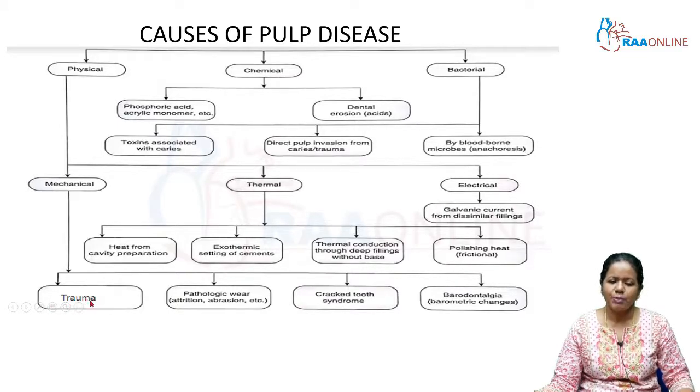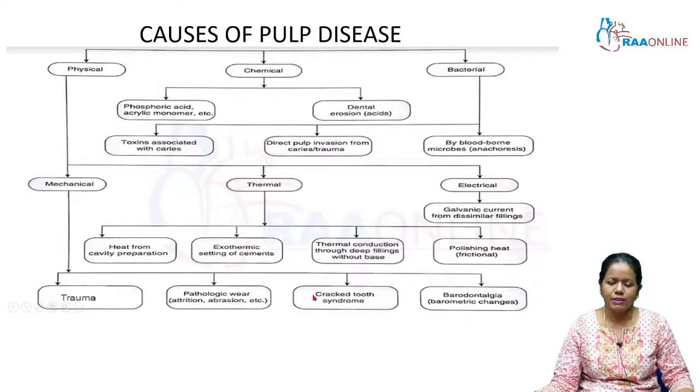So when there is rapid tooth movement during orthodontics, or when there is rapid separation of the teeth during restoration, or when the cavity is prepared without an air coolant, all these can cause trauma to the pulp. Pathological wear like attrition or abrasion can cause loss of enamel and dentine as well as injury to the underlying pulp.